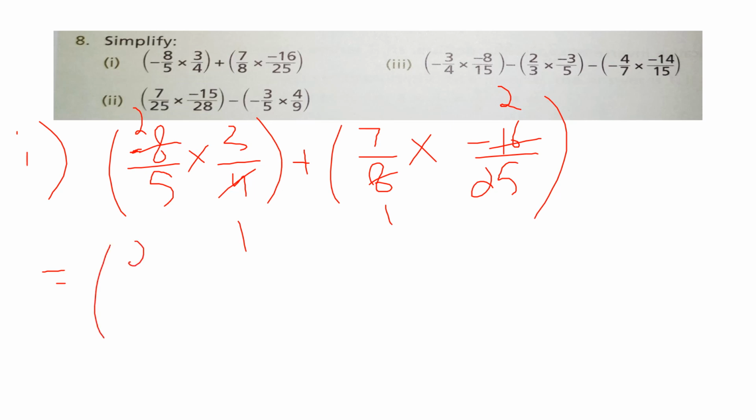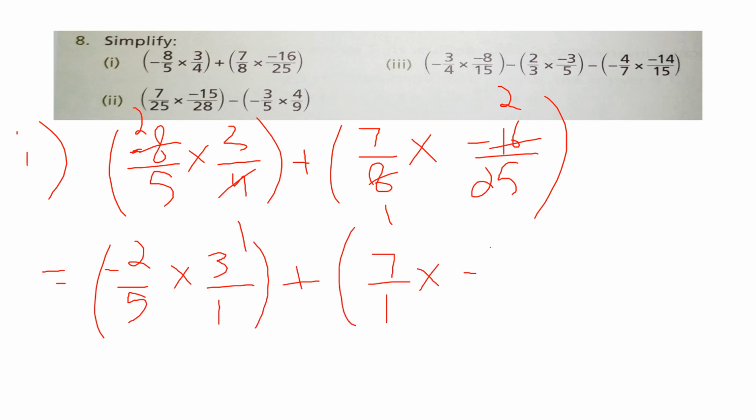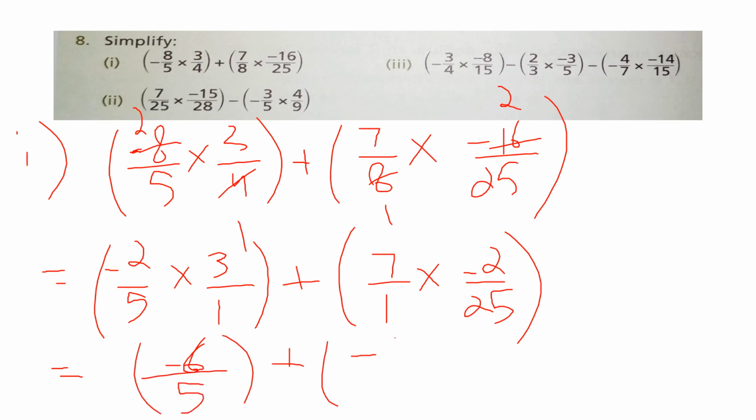So 2 by 5 minus 2 by 5 multiplied by 3 by 1 plus 7 by 1 multiplied by minus 2 by 25. Now we will multiply them. It will become minus 6 by 5 plus minus 14 by 25.